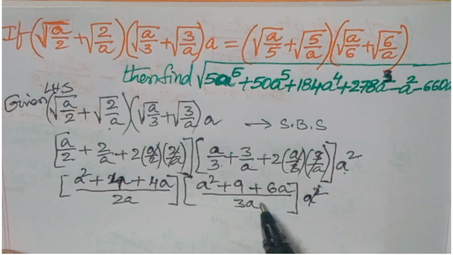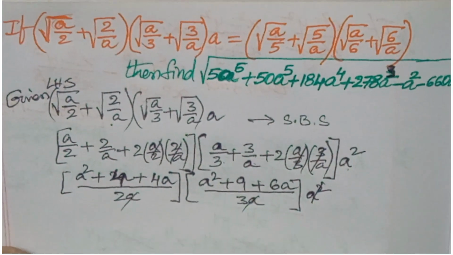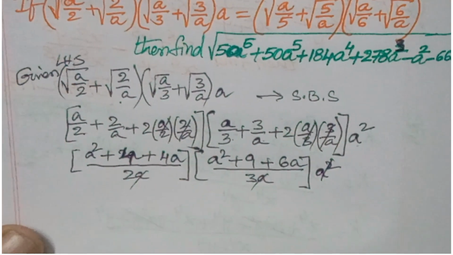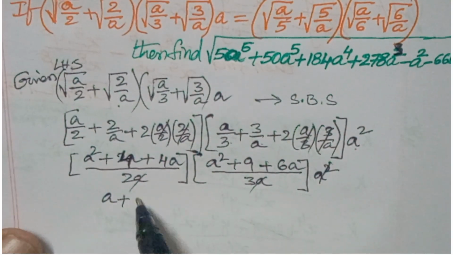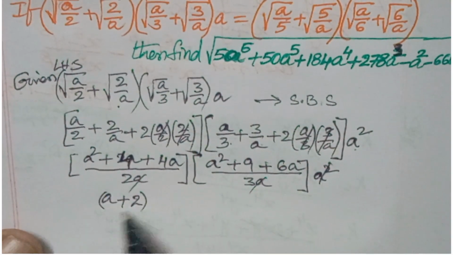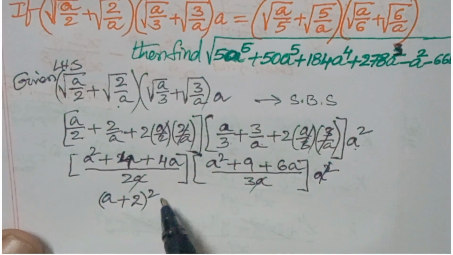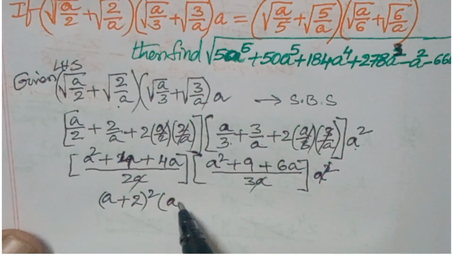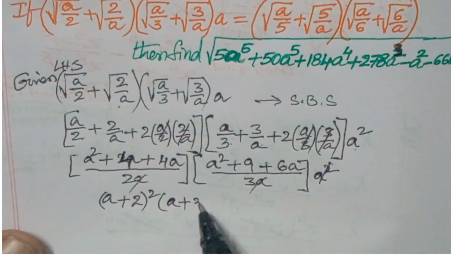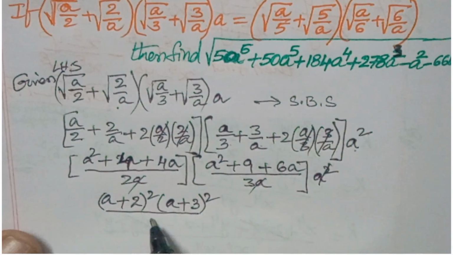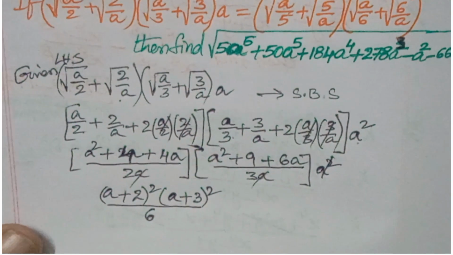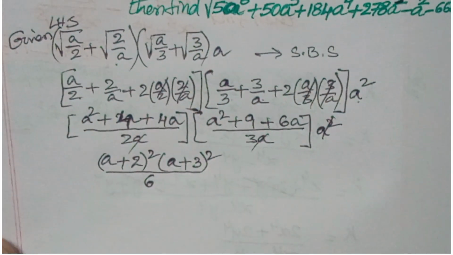Here a square and a get cancelled. Now this will be (a + 2)^2 into (a + 3)^2 by 6. This is the value of LHS.